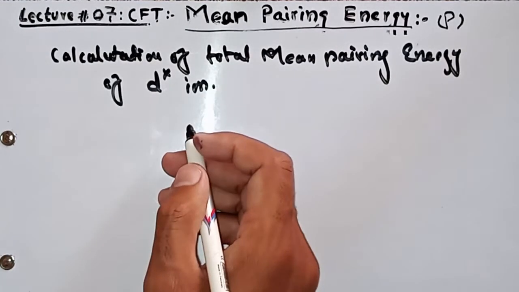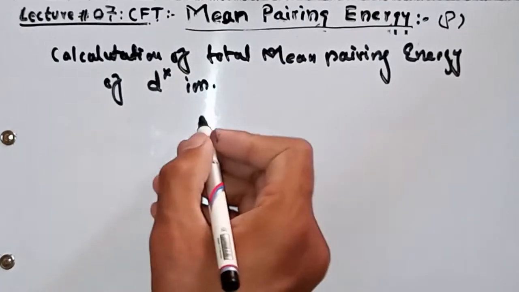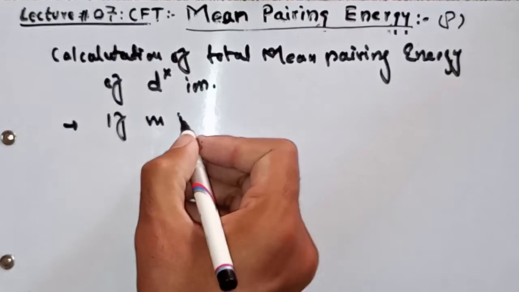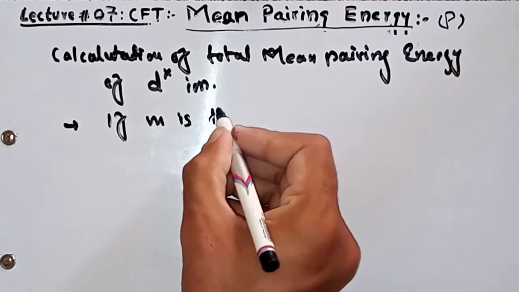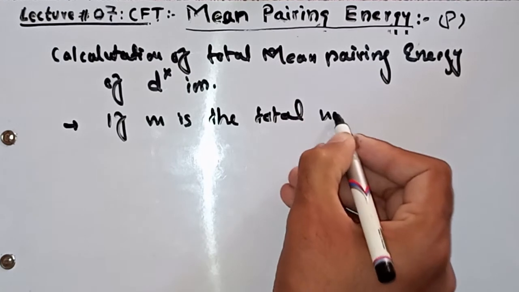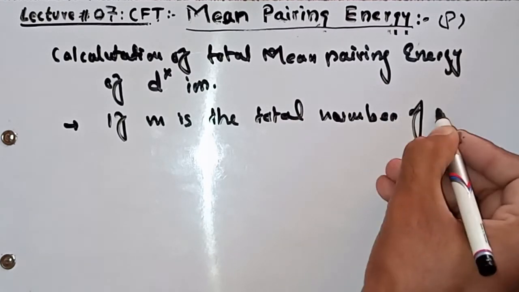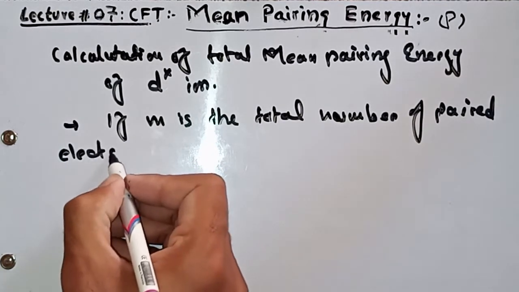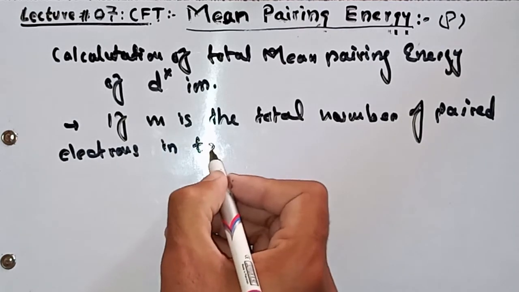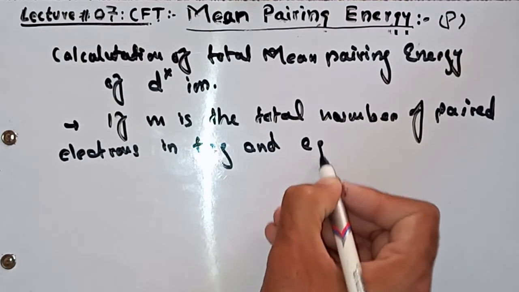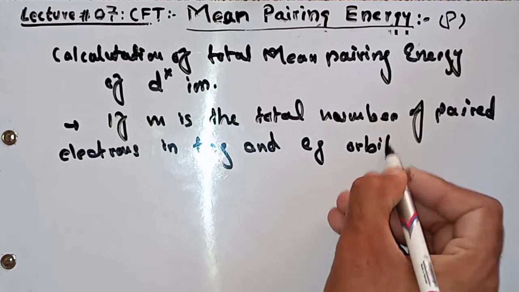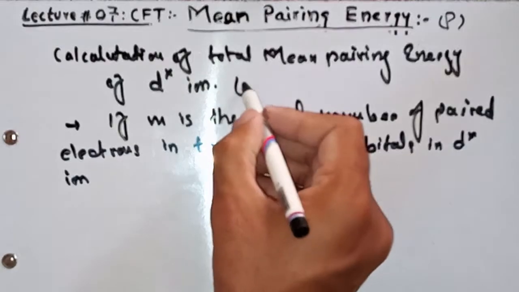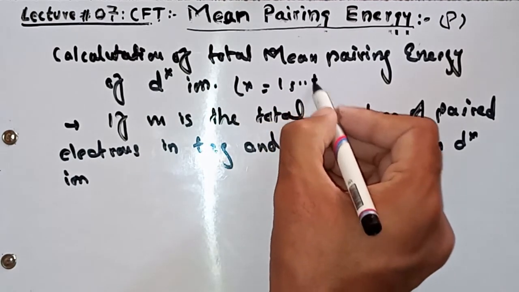Is it clear? Okay. Let's suppose m is the total number of paired electrons in the t2g and eg orbitals in a d^x ion, where x is from 1 to 10.